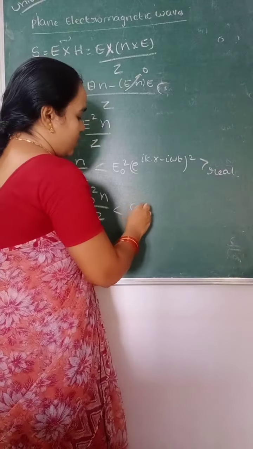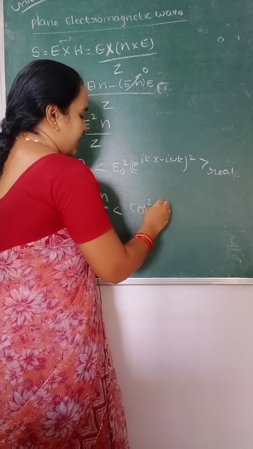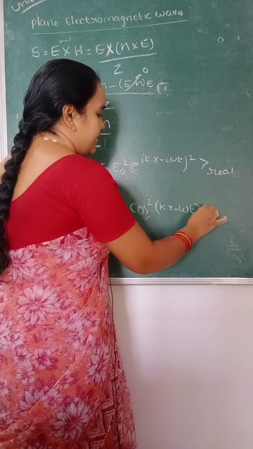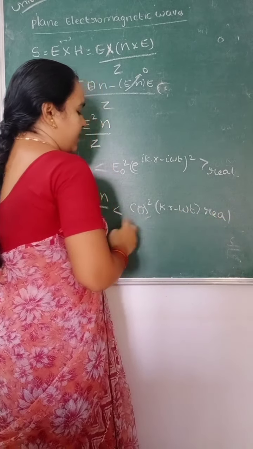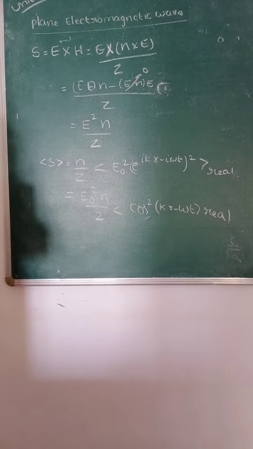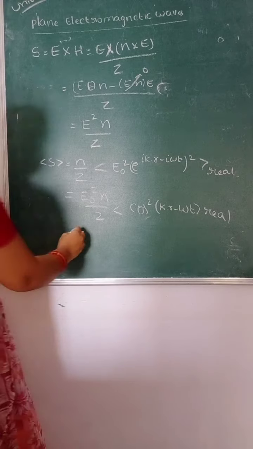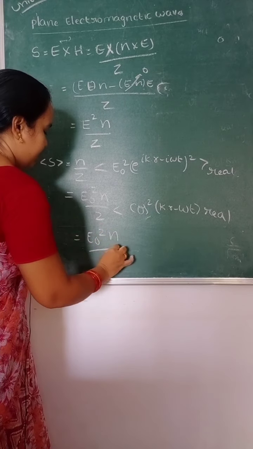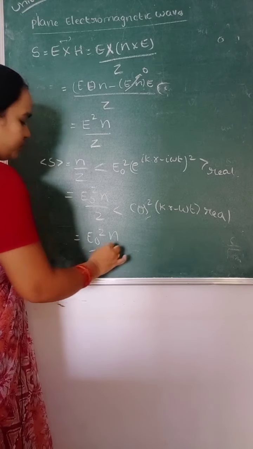That is cos square of (K dot R minus omega t), its real value. The average value of the cos square term is 1 by 2. So this is E naught square N by Z into 2.